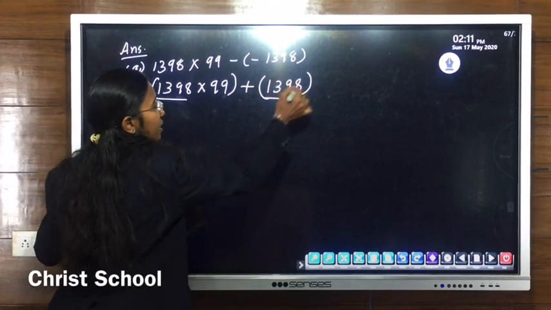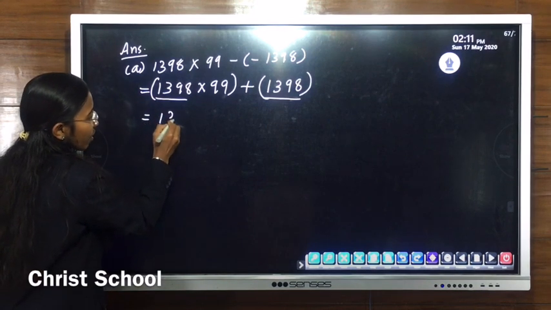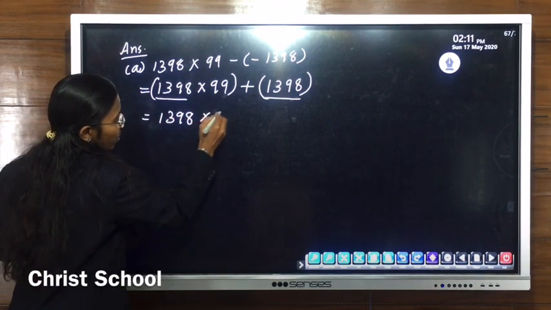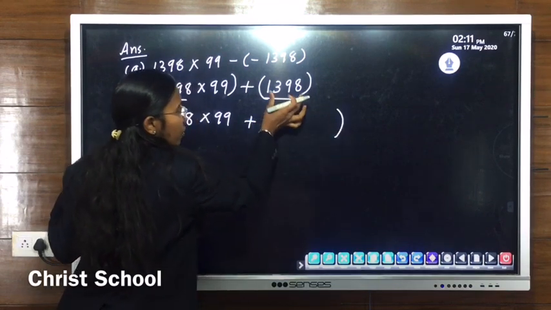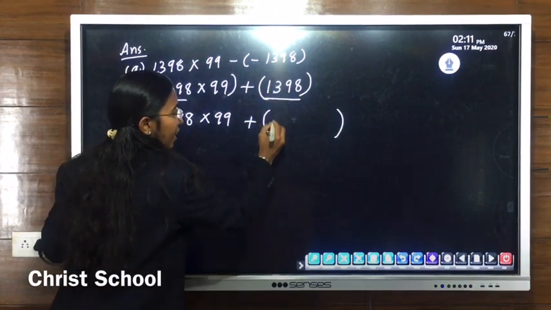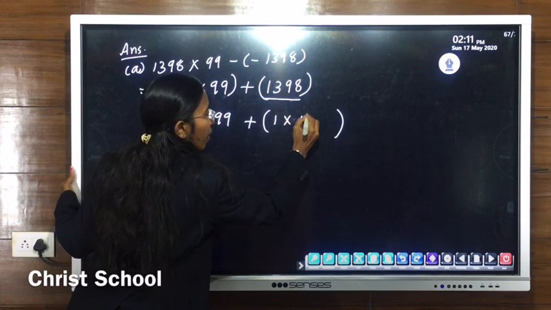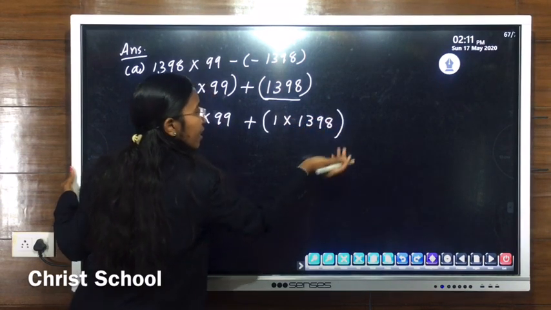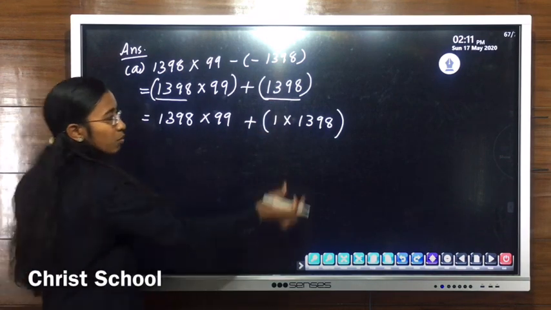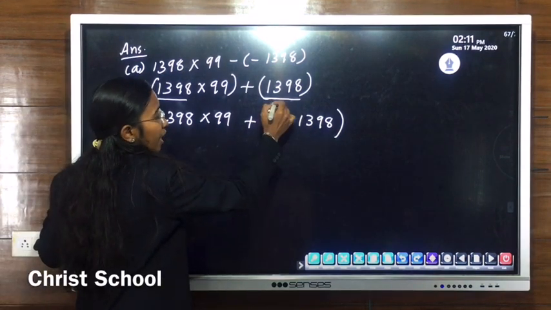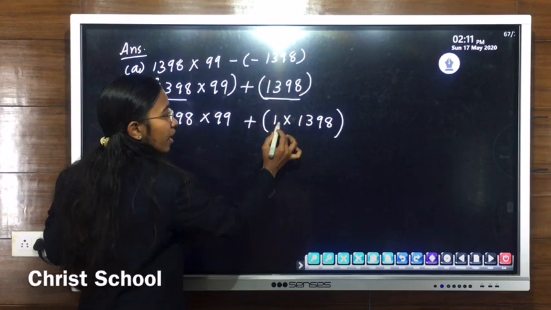And here I am writing once again like this, 1398 into 99 plus, at the place of 1398 I write 1 into 1398. Any integer multiplied by 1 gives that number itself. So here I am using that property.